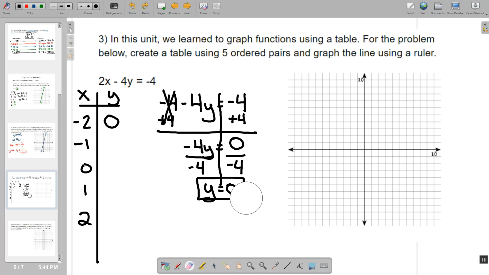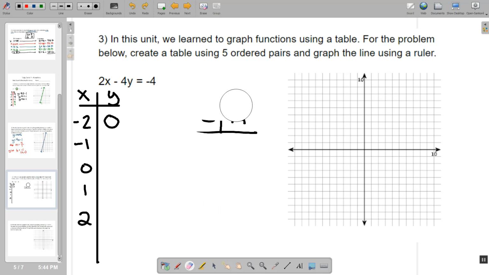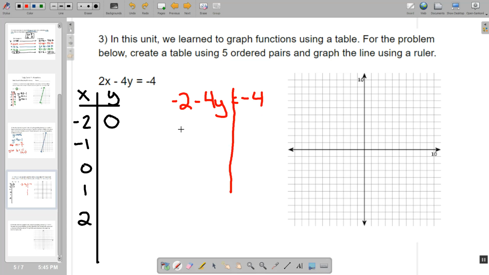We can do that again, except this time we're going to do 2 times negative 1, which is negative 2 minus 4y equals negative 4. Once again, we can draw our line down our equal sign. We can add 2 to both sides.